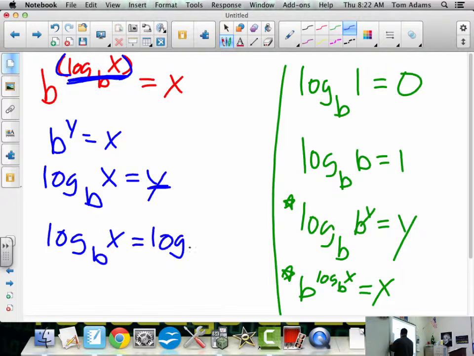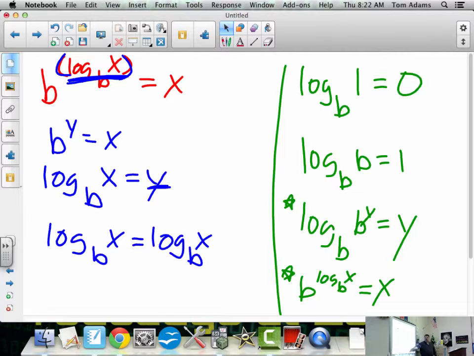Log base b to the x. You guys did such a good job with the y's. Pick out a number for x. 5. Log base b of 5 is equal to log base b of 5. Pick out another number. 50. Log base b of 50 is equal to log base b of 50. So do you see there, no matter what x value I plug in, the statement's true?